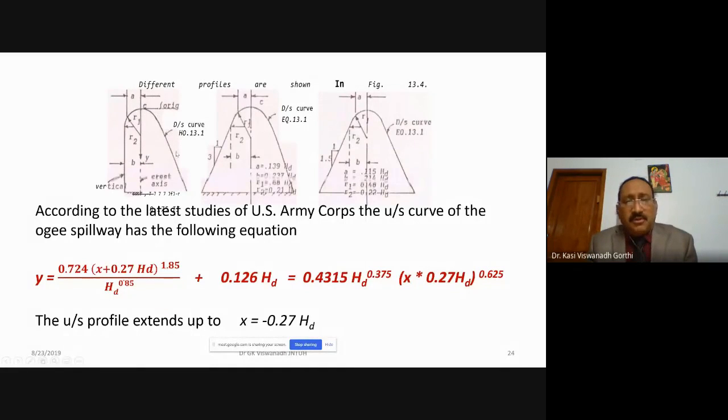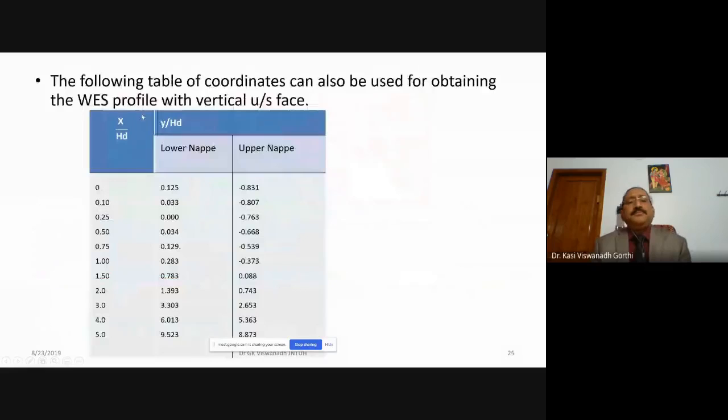So with C as the origin, you have the downstream profile, and you also have the upstream profile. This upstream profile extends up to a distance given by x equal to minus 0.27 Hd. Up to that distance, it extends on the upstream side.